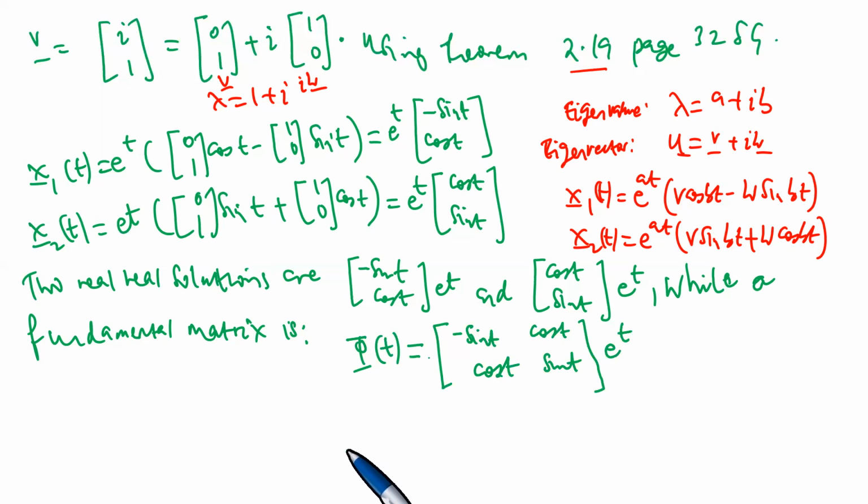This is the fundamental matrix. We just made the solutions columns. The fundamental matrix is called phi of t because the components are functions of t, with phi of 0.